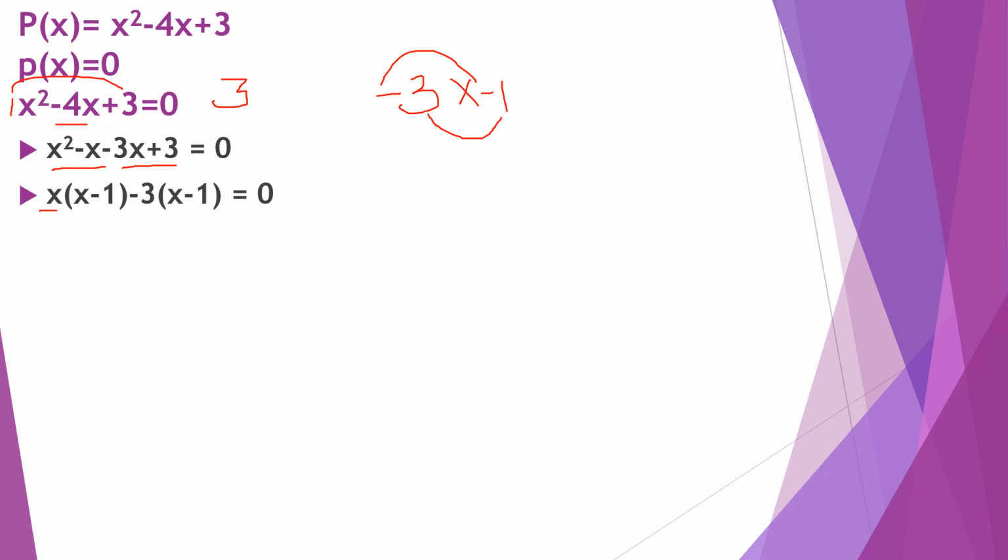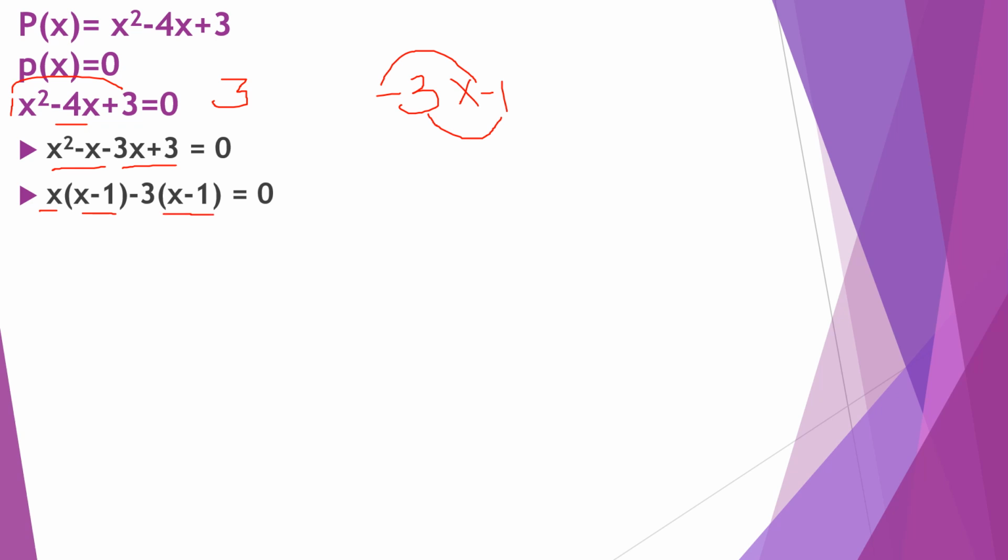After taking x outside, x square means x into x, I am getting x, and then minus 1. If I take minus 3, the term inside will become x, and minus into minus is plus, so the remaining term will be 1. The inside bracket term is common, yes.